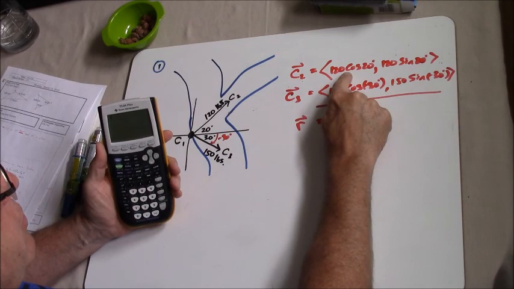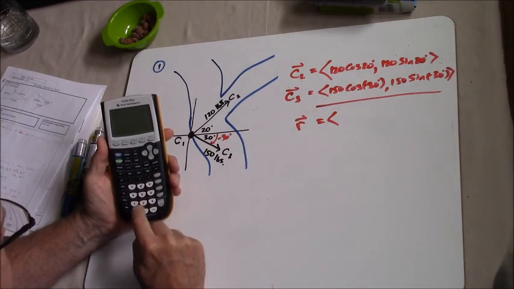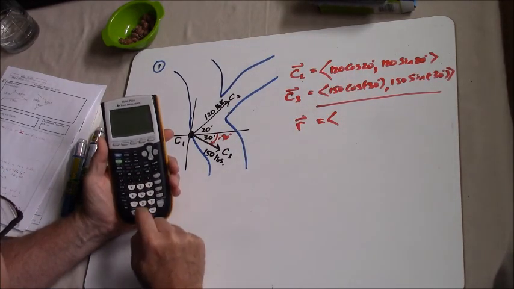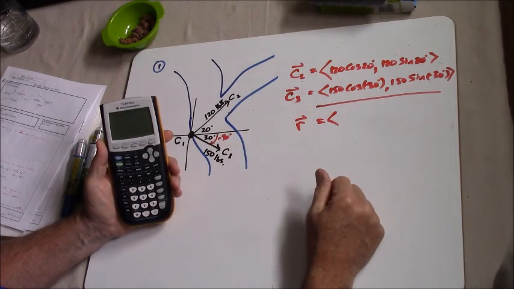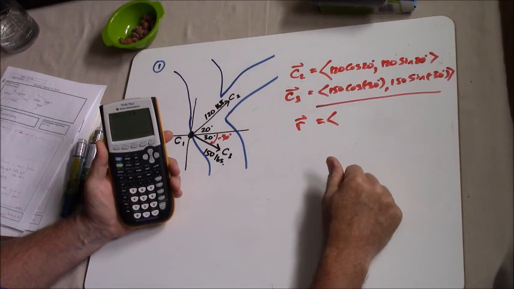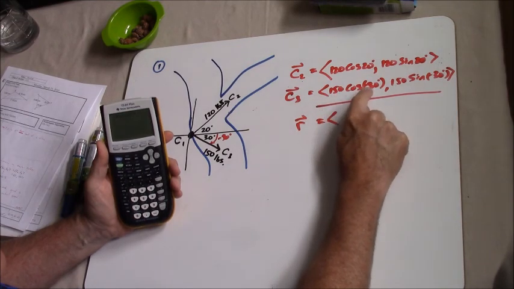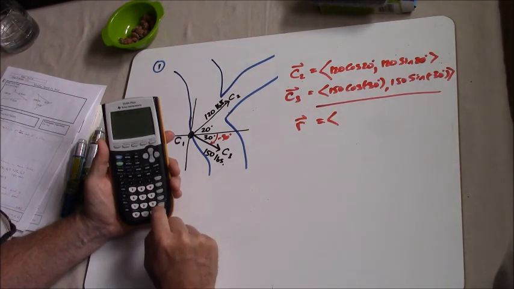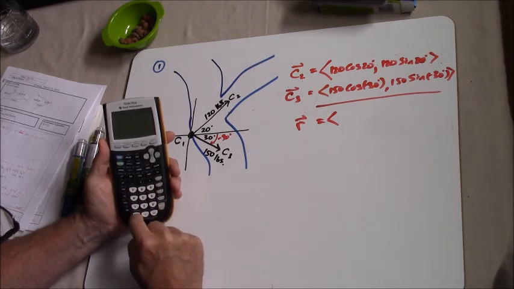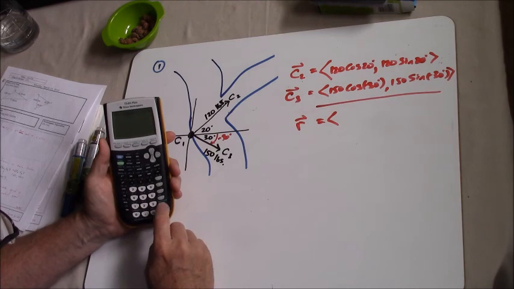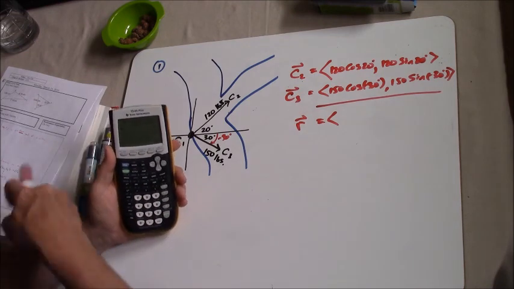So I'm going to go 120 cosine 20. You guys should do this right along with me on your calculator. Go ahead and pause if you need to grab it. Plus 150 cosine negative 30. And I just hit enter, and there it is.